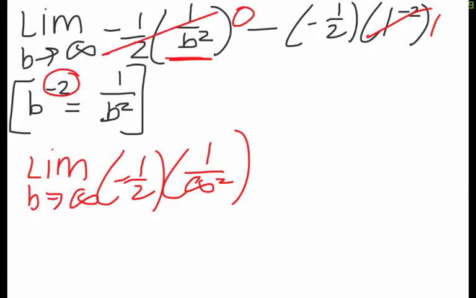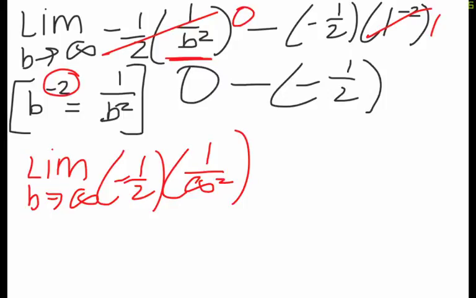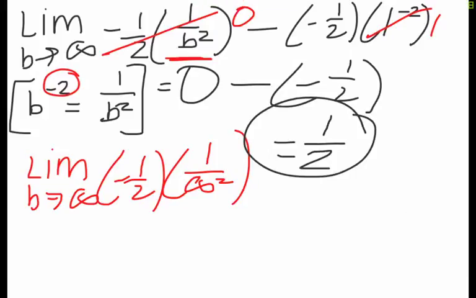So all I'm left with is minus a negative 1/2, because it's 0 minus that. What's minus and minus? Positive. So what's our answer? 1/2. That's it. Okay, now I get it. So you were just pulling out 1/2, basically. Exactly.